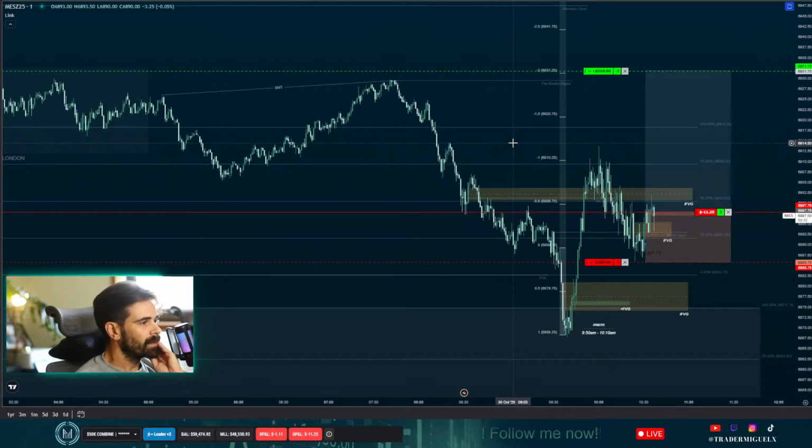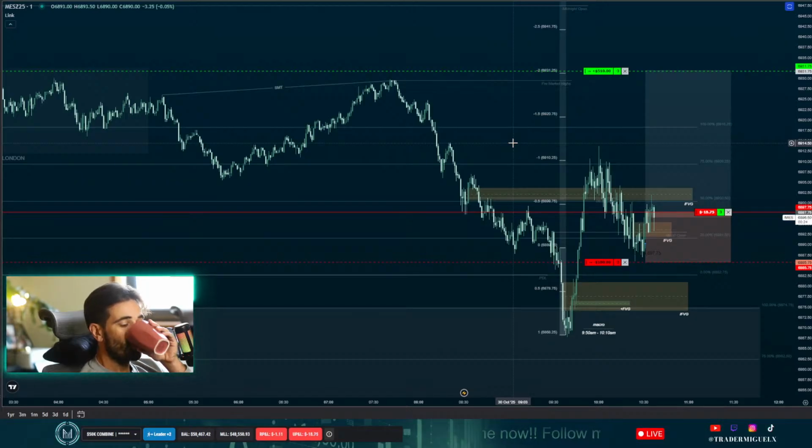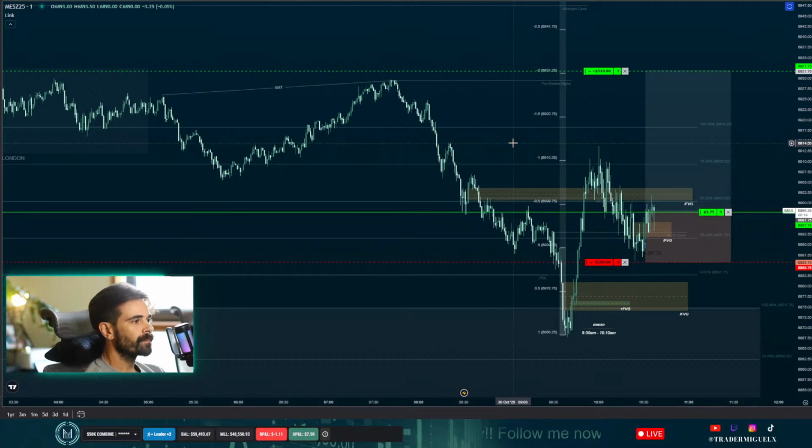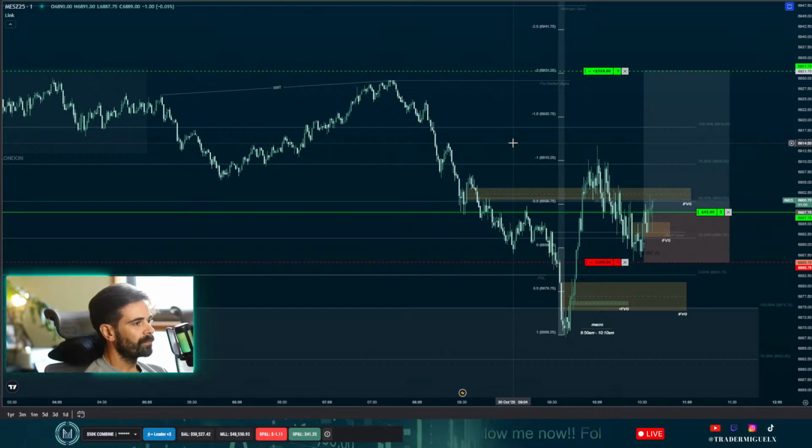Price coming once again for 930. So far respecting the order block. Wicks doing a lot of damage here. So let's wait a bit more.